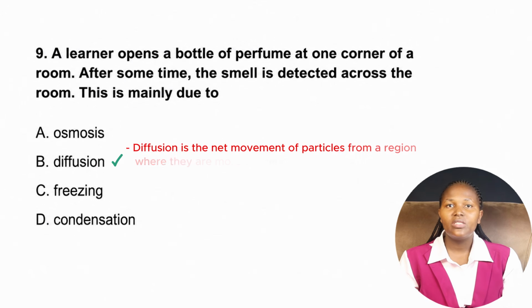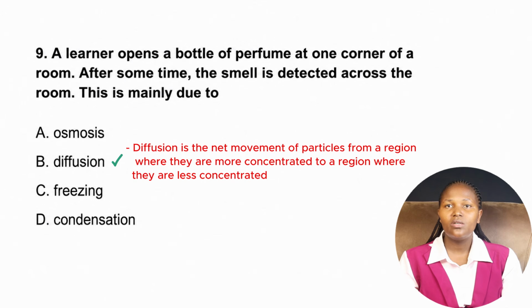Why? Because diffusion is the movement of particles from a region where they are more concentrated to a region where they are less concentrated. Now, when perfume is opened, many perfume particles are near the bottle. So their random motion causes them to spread through the air until the smell can be detected further away. On the other hand, let us look at the other options.